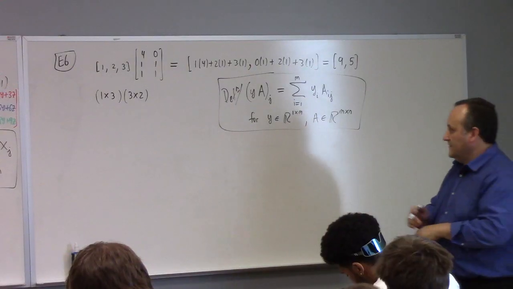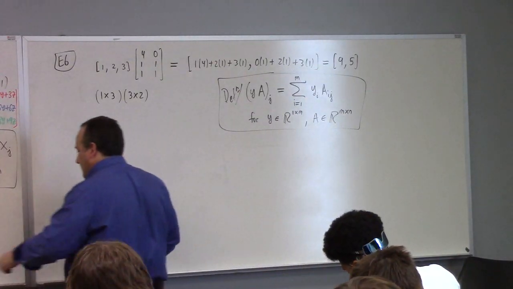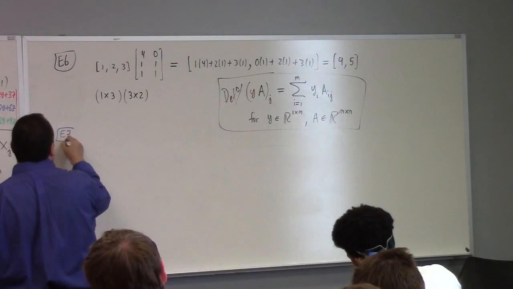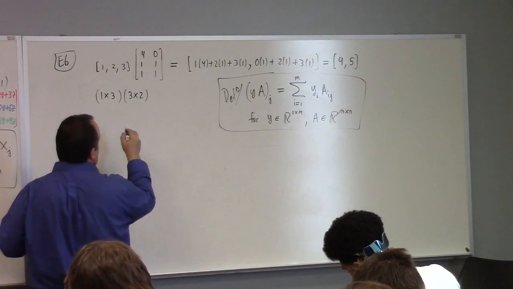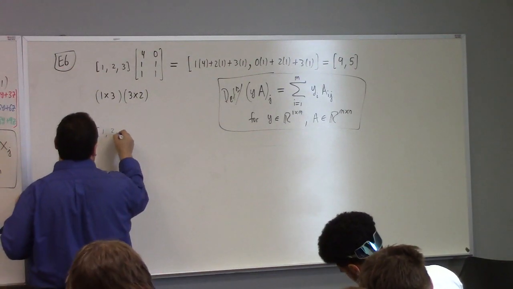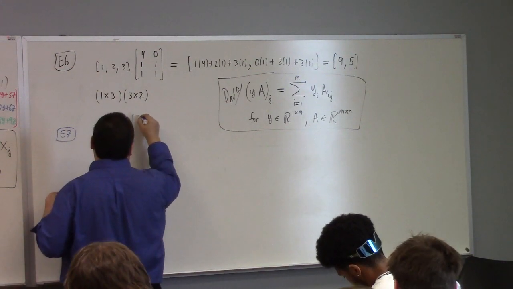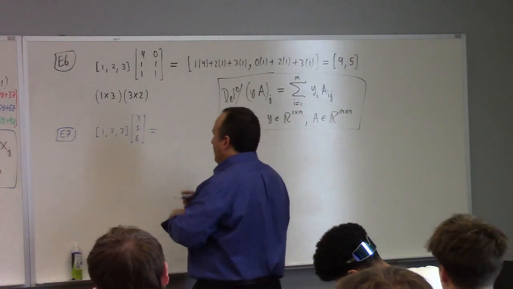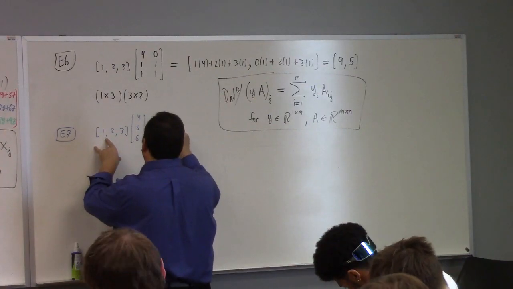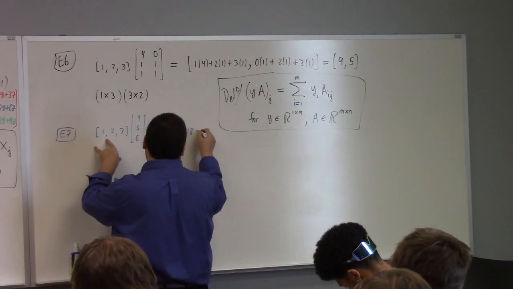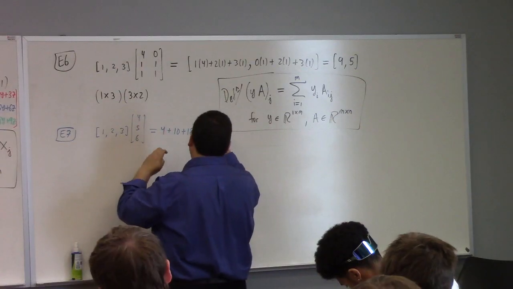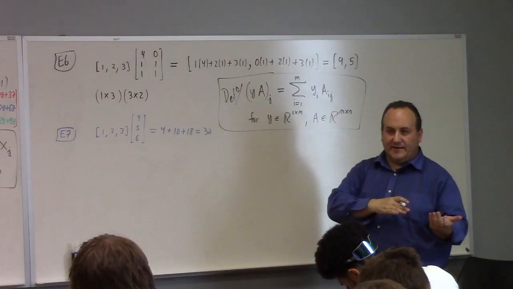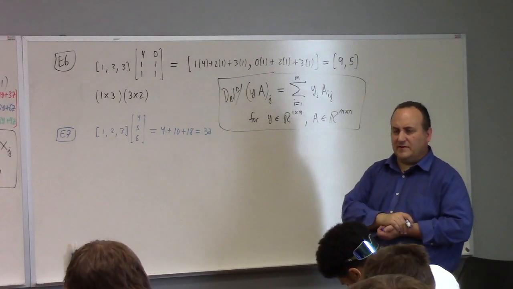All right. Let's see if I can think of the other weird case. We can also just do 1, 2, 3 times 4, 5, 6 like this, right? This is what? 4 plus 10 plus 18, also known as 32. So what is a row column product?